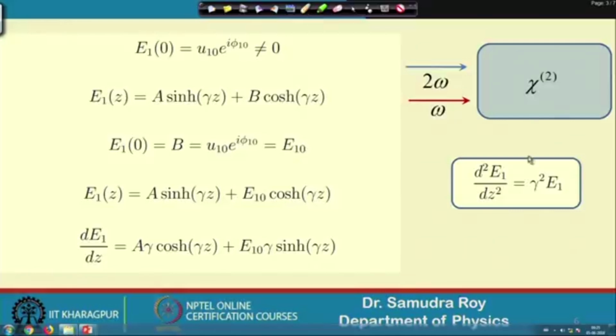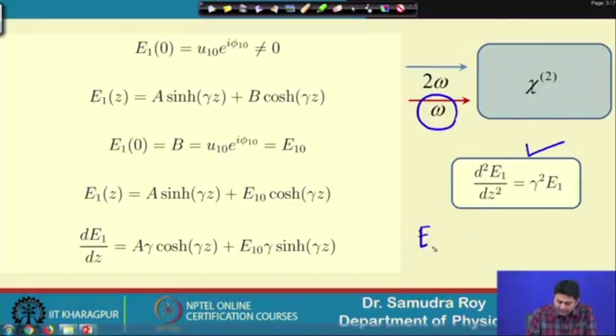The differential equation is shown here. The only thing you should note is that an extra boundary condition is added here. In the previous case, E1 at z equal to 0 was 0, but now we modify this boundary condition and say that E1 at z equal to 0 is equal to some value, and we write this value as U10 e to the power of i phi 10.